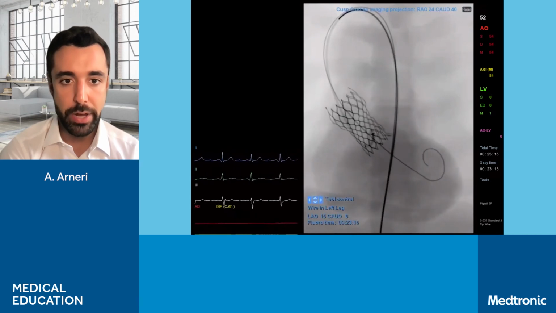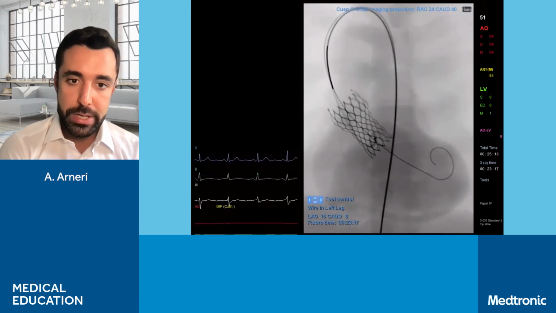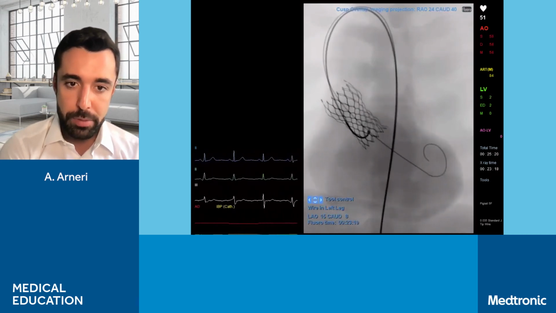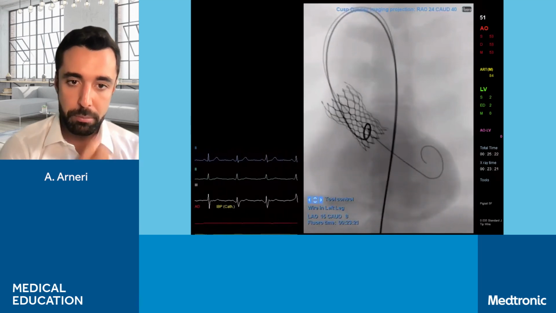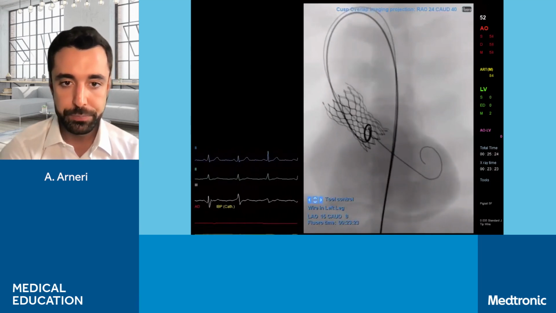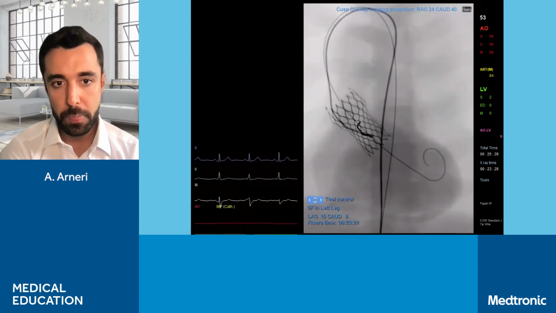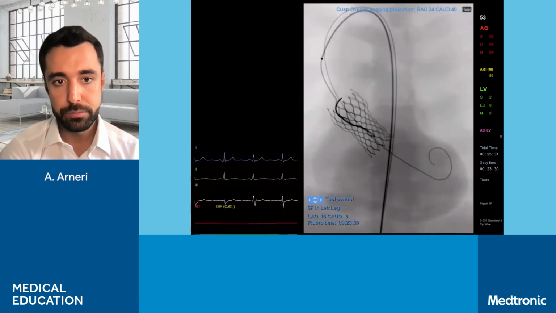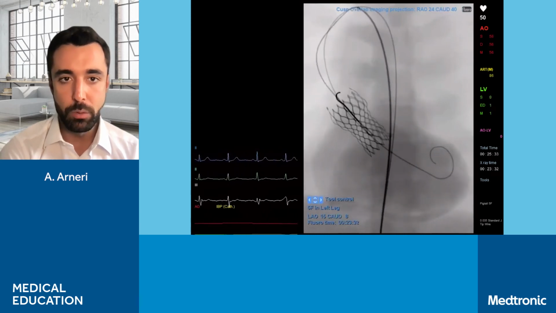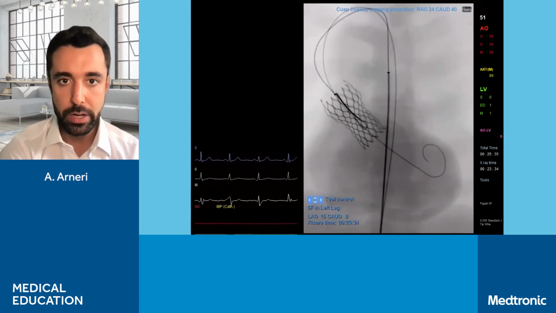You see now the J wire reaching the tip of the pigtail. Once we have the tip of the wire out from the pigtail, we can pull back the pigtail safely. And then we can pull back also the J wire.